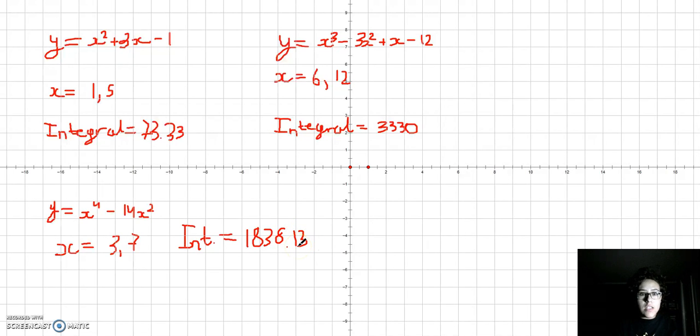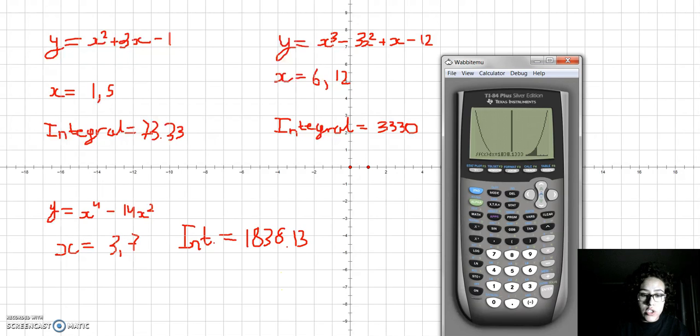And so now we have 3 different ways of finding integrals. The first being using our math function and going down to FNINT.